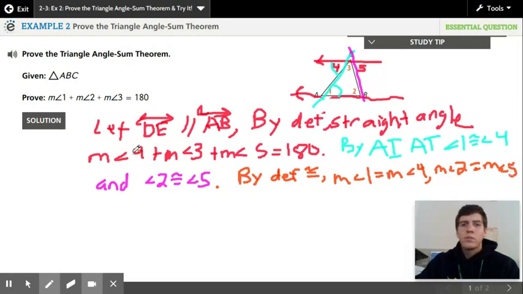Just to recap, we drew in a line that was parallel to AB, and we created angles 4 and 5.